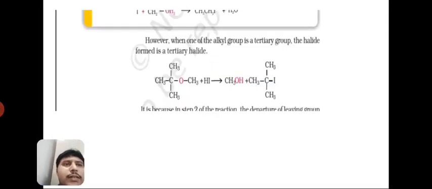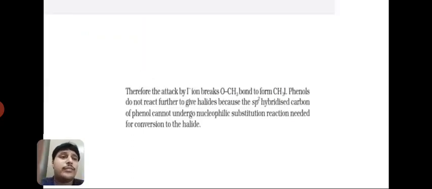Now the next topic: when one of the alkyl groups is a tertiary group, the halide formed is a tertiary halide. Here is the reaction: if one alkyl part is tertiary, then a tertiary halide is formed, and methanol is the other product. Here is the explanation of why the reaction does not continue after phenol.